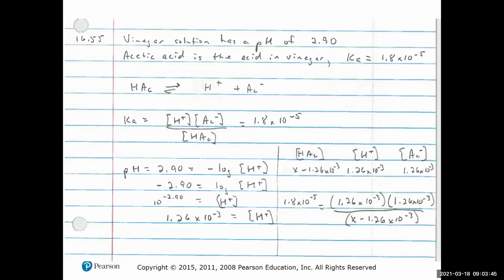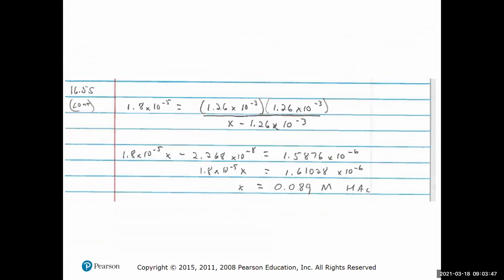Now what we need to do is solve that for X. If you work through the algebra, you can take a look at that later if you'd like. You get a value of 0.089 molar for the acetic acid.